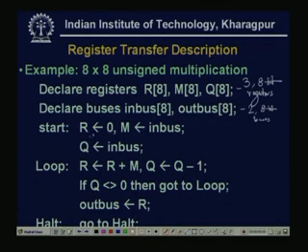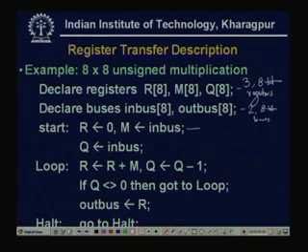Now, start. 0 to R, in bus to M means these two operations can be performed simultaneously. That means it is a reset, the register R is set to 0, and the data available on in bus is transferred to the register M, and these two are performed in parallel.